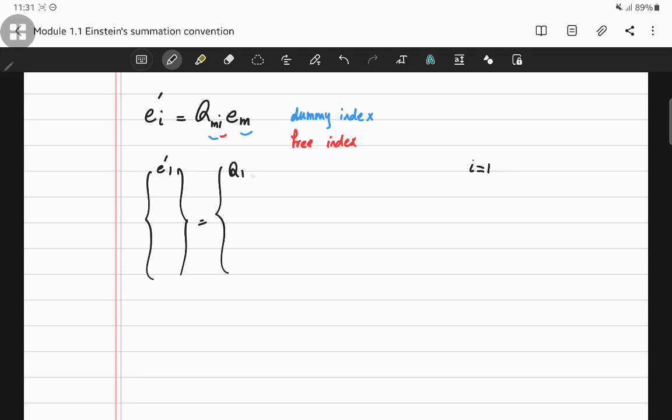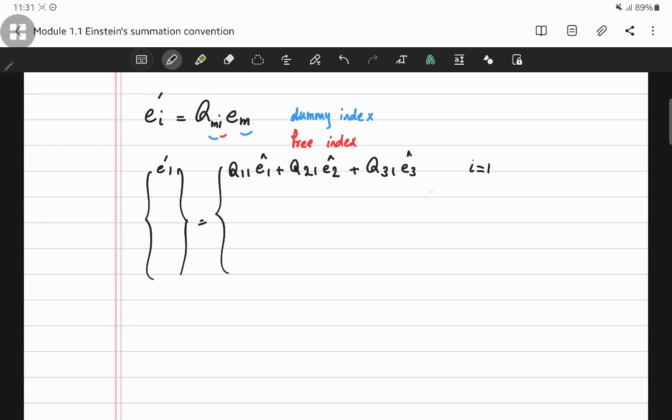So q becomes q_11 e_1 plus q_21 e_2, and you see here this is nicely changed, plus q_31 e_3.